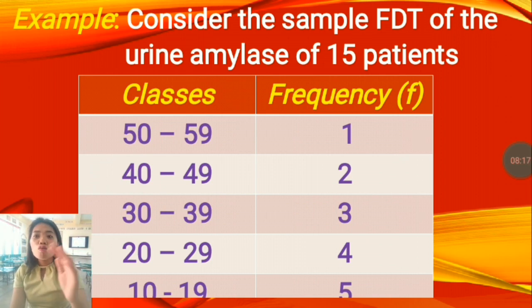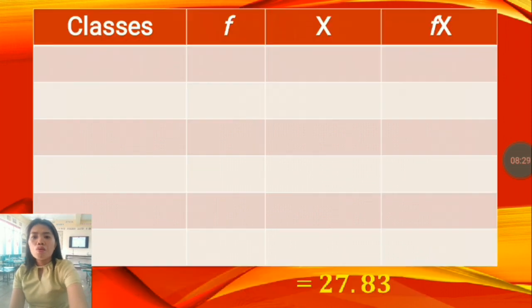Okay, so let's go back to our topic. We have here the frequency distribution table. We have the first column, classes, and in the second column, the frequency. We're going to add more columns.